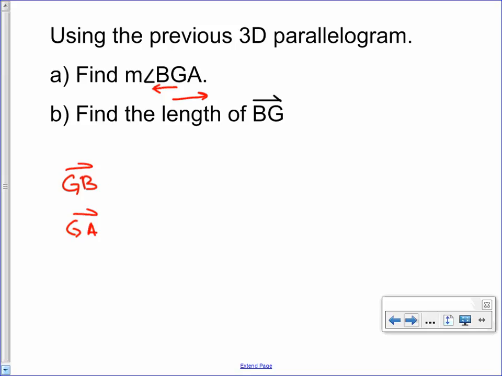Using our vector equations, GB is just B minus G. If you subtract G and B, do you take my word for it that it's -12, -8, and 0?